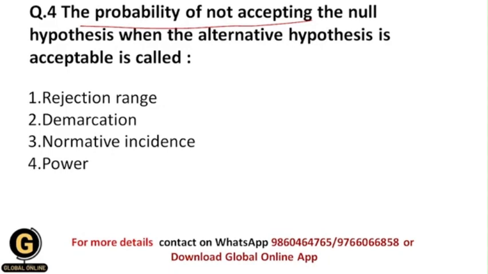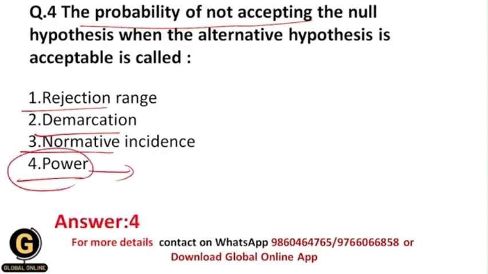So what is the probability of this kind of situation? Whether it is rejection range, demarcation, normative incidence, or power. Students, your correct answer should be power, because power is the probability of rejecting the null hypothesis when in fact it is false.